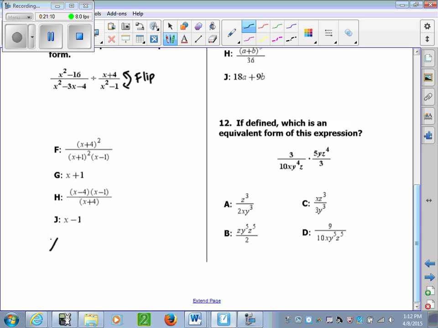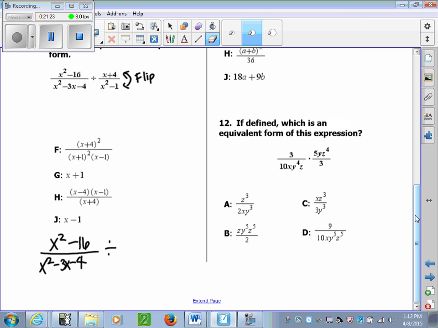I still have my x squared minus 16 over x squared minus 3x minus 4, changing it to multiplication, and then I flip the second fraction, so I have x squared minus 1 over x plus 4.